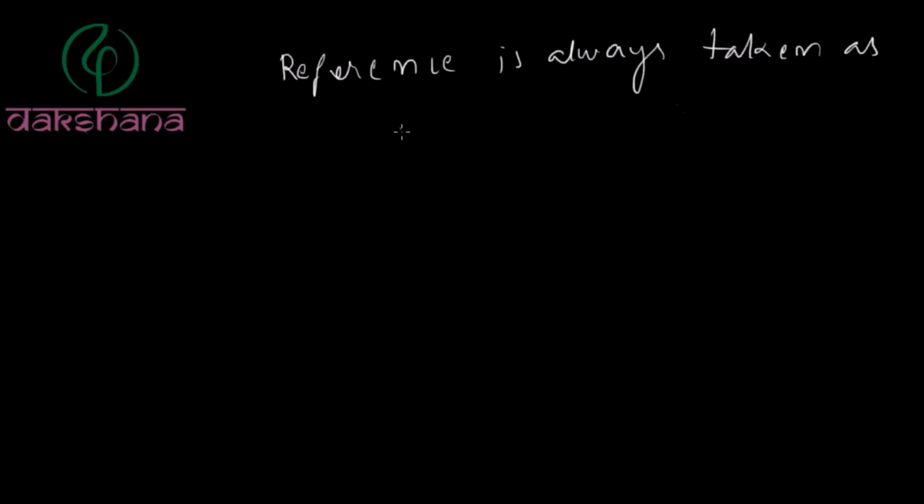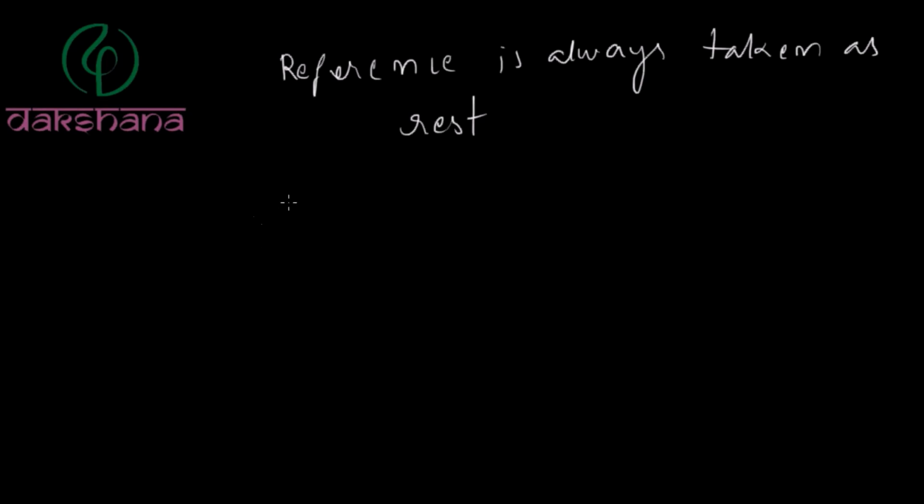So the reference frame is always taken as rest. Since we are standing over the frame or we are ourselves the reference frame, our position will not change with respect to ourselves. So the reference frame is always taken as rest.